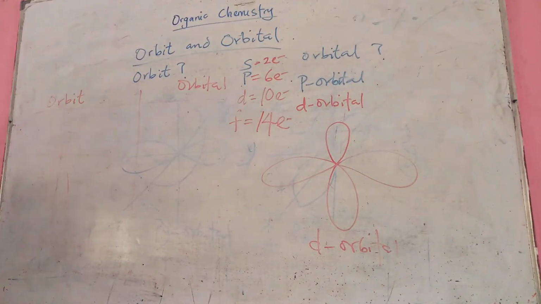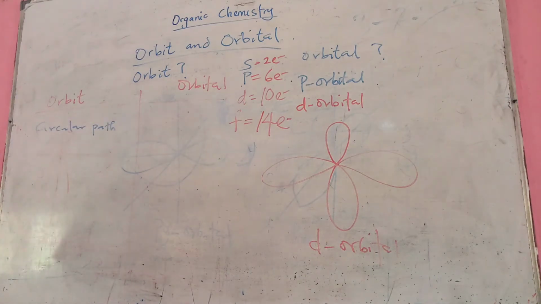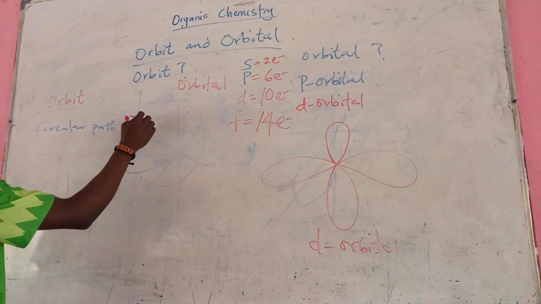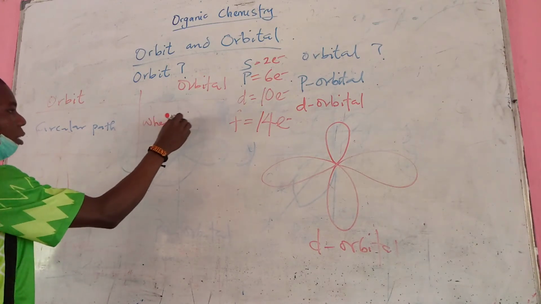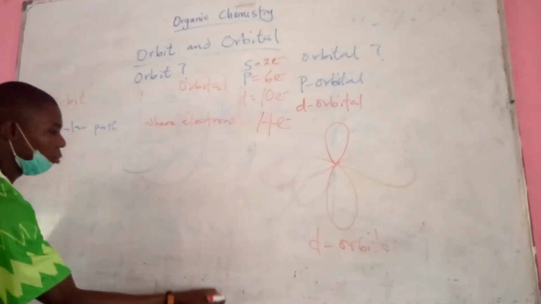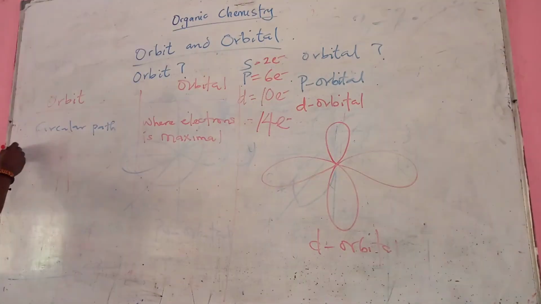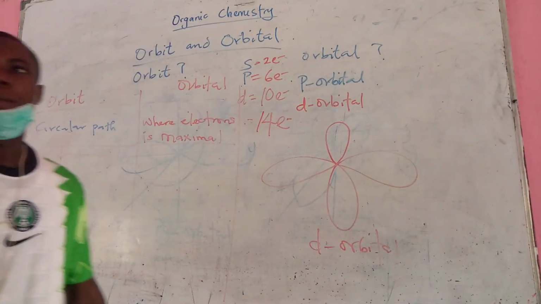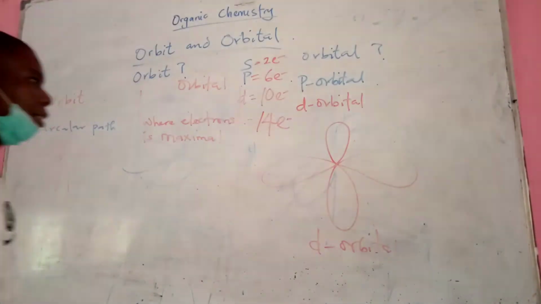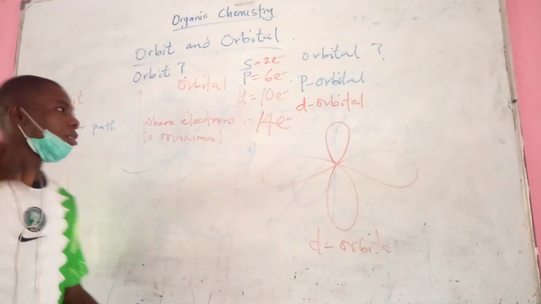The first difference between them is that an orbit is a circular path, while an orbital is where the electron's presence is maximum. Orbit is just the circular path where electrons revolve around the nucleus.